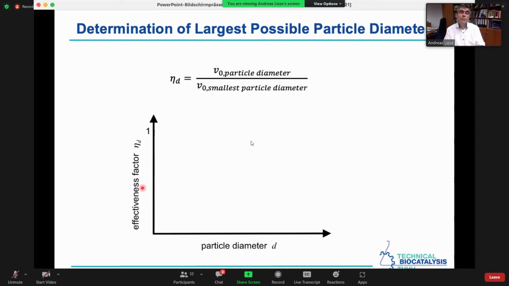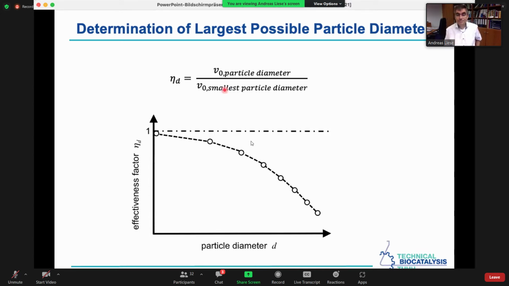Now we have the effectiveness factor in view of the particle diameter, which correlates the initial rate of the particle diameter we are analyzing right now to the initial rate of the smallest particle diameter we have analyzed in our series.